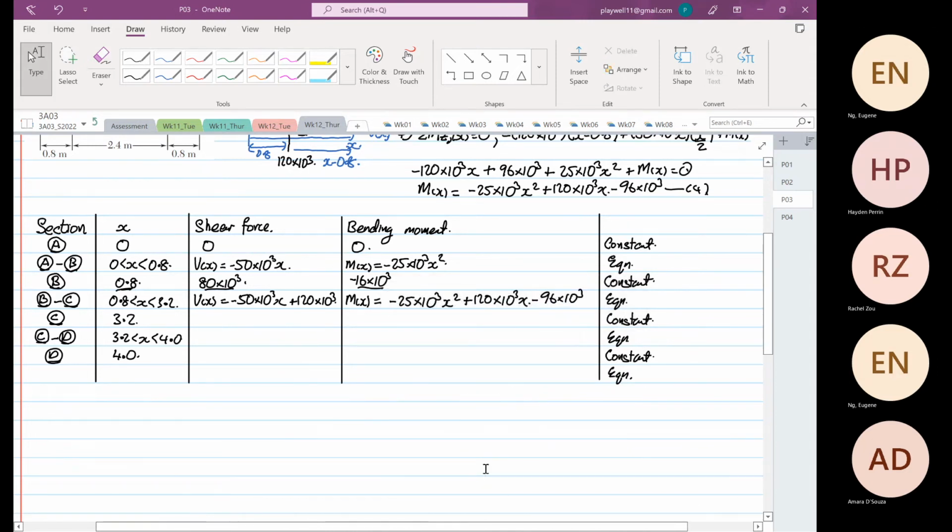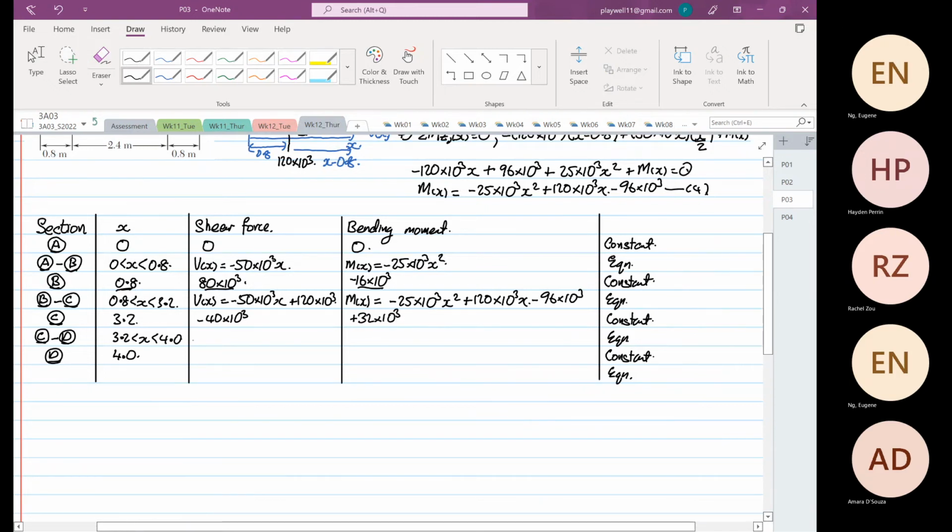Okay. So the process will repeat itself. Okay. I'm just going to write the rest of the equations down. So at point C it is a constant. Okay. So this will be equal to positive 32 times 10 to the power 3.